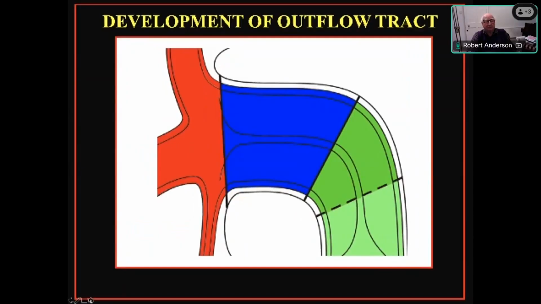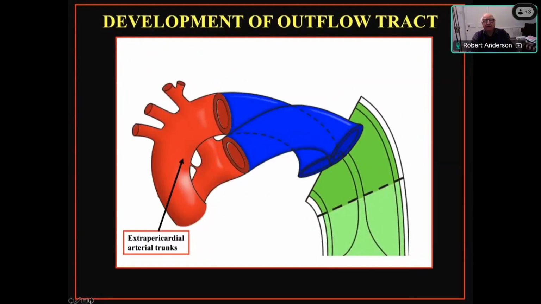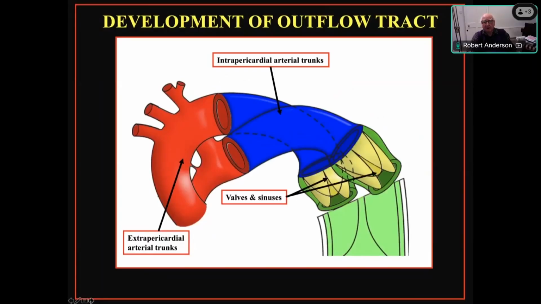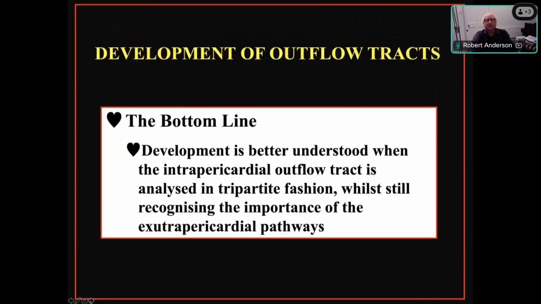With ongoing development, those components of the aortic sac will become the extrapericardial arterial trunks. The distal outflow tract will become the intrapericardial arterial trunks. In the middle, we will have formation of the arterial roots with their supporting valvar sinuses, and the proximal part will become the ventricular outflow tracts.